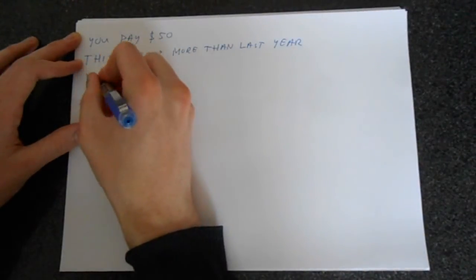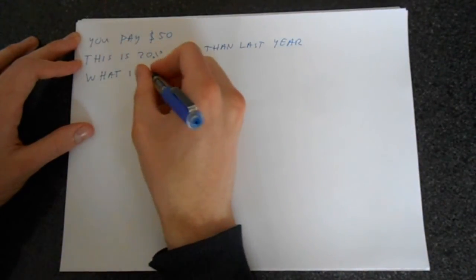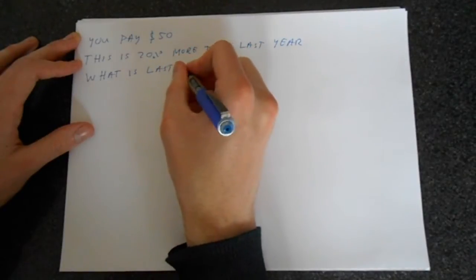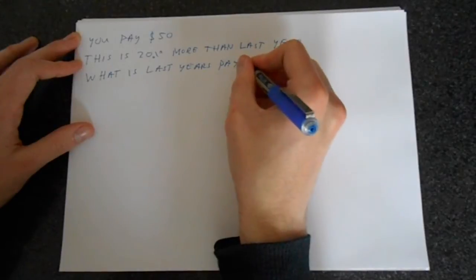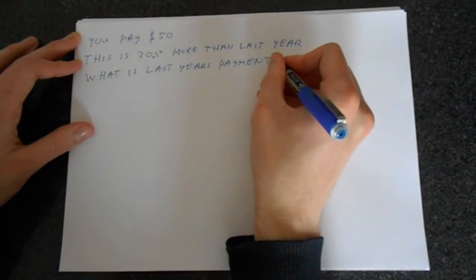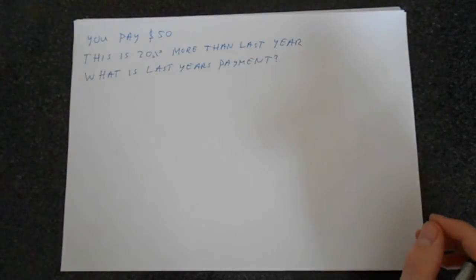So the question is, what is last year's payment? And this is an evil trick question, and everybody gets it wrong all the time because they do it the wrong way.